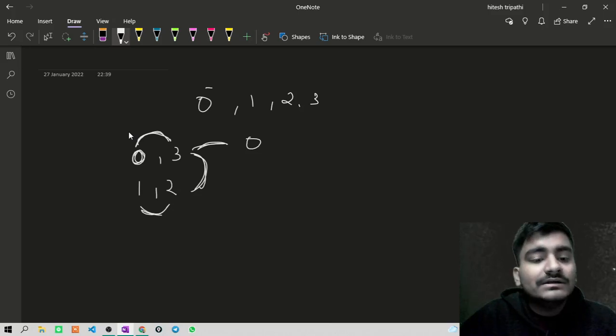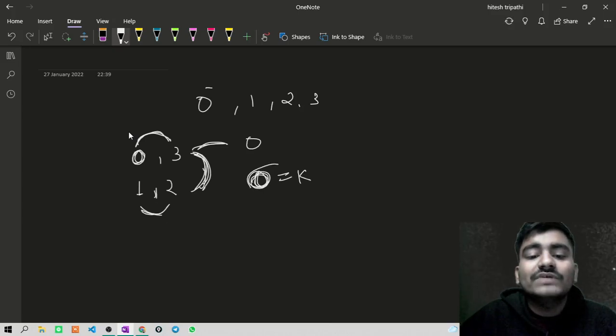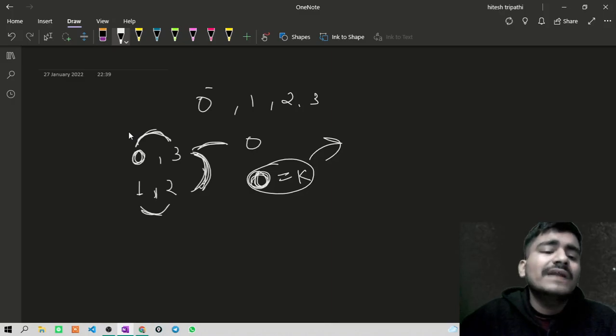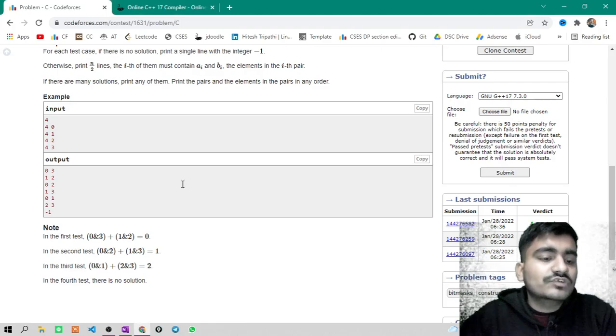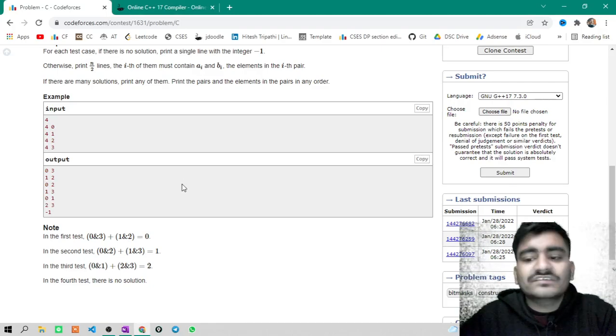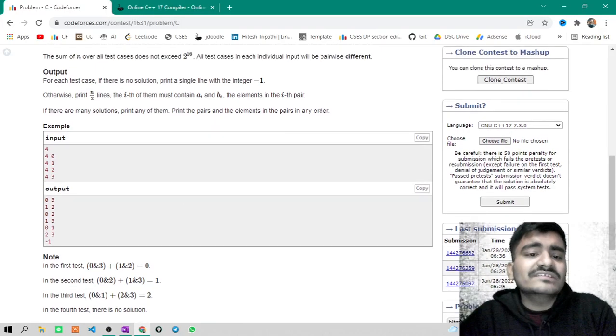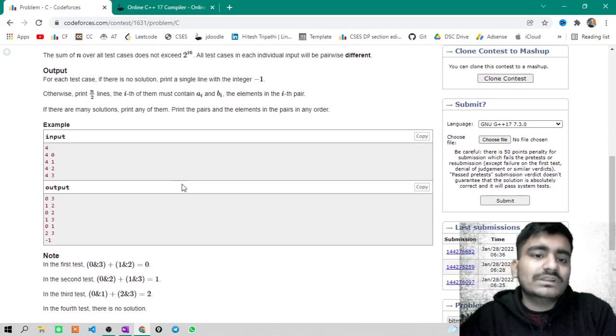Then bitwise AND of 1 and 2: 01 and 10, so it will be simply 0 again. So the total sum of bitwise AND of these two pairs will be 0, and we already know that k is equal to 0, so you can say that this can be an answer for this test case. So 0 and 3, and 1 and 2, this can be the answer. In the same way you have to do it for all the test cases.